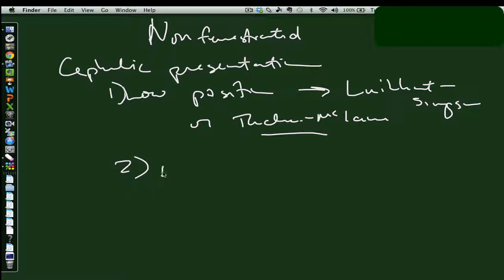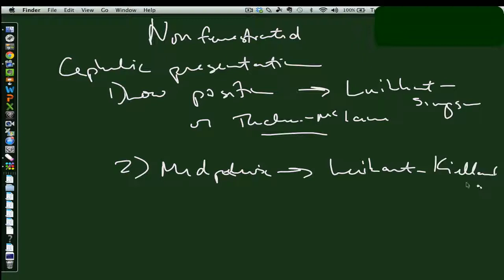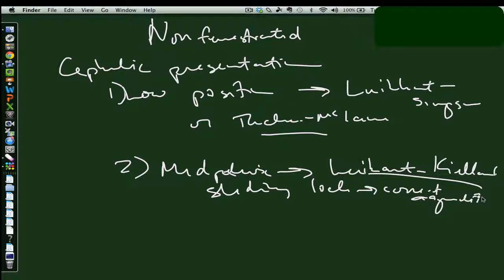If the baby is in mid-pelvis, I invariably look toward the Luikart Kielland forceps. This has a sliding lock so that asynclitism can be corrected. They have only a slight pelvic curve.